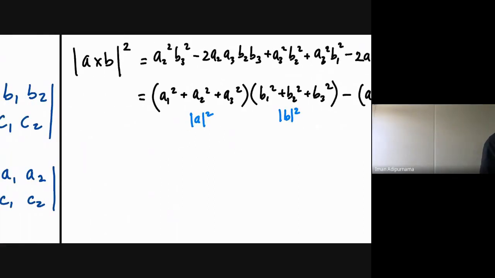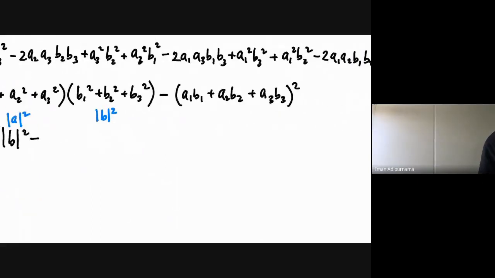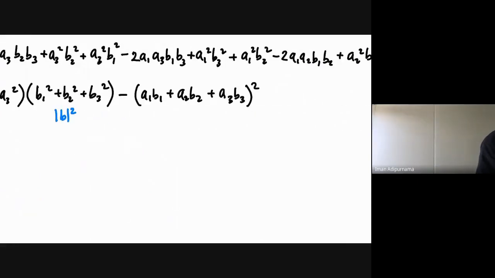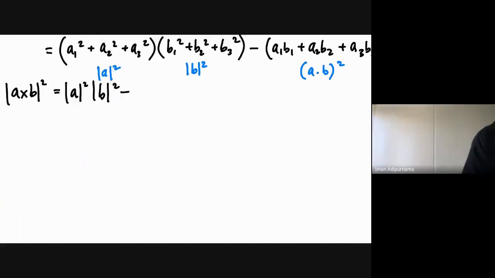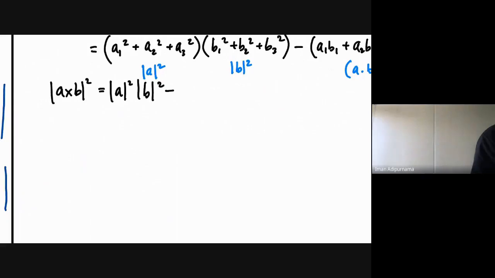Now we can write the cross product squared equal to A squared and then B squared, and then minus the last part, which is actually a dot product, right? A1, B1, A2, B2, A3, B3 is the result of A dot B, and then you just square them. So we write the A dot B here with square.